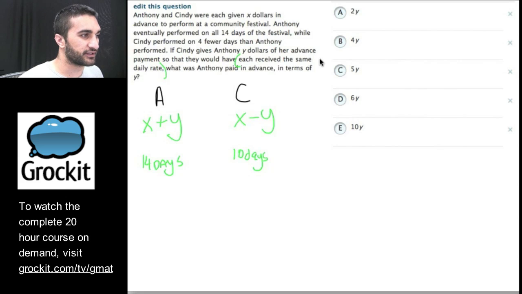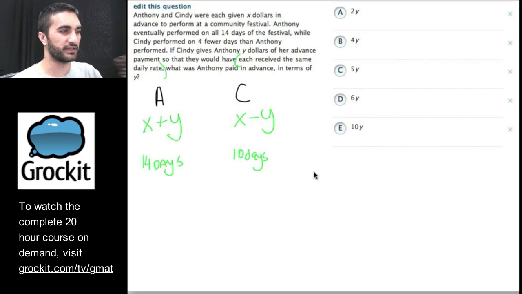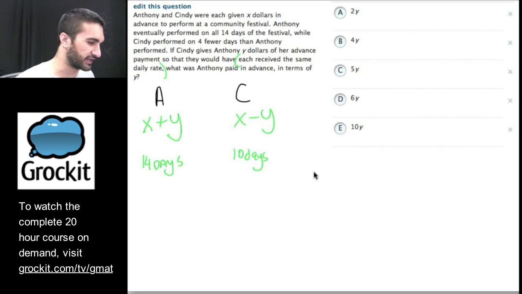So we have to turn this little piece, each receive the same daily rate, into math. A lot of times people get intimidated. They read a GMAT word problem and feel like, if I was really smart, I would just have the answer by the time I was finished reading it. Just take it one little piece at a time. So how do we work on this? Each receive the same daily rate. Well, how would I figure out Cindy's daily rate? It's the amount that she has divided by the number of days.